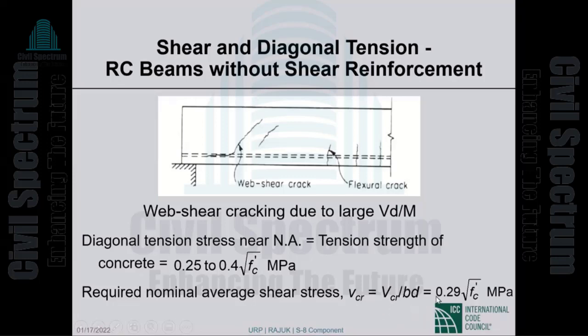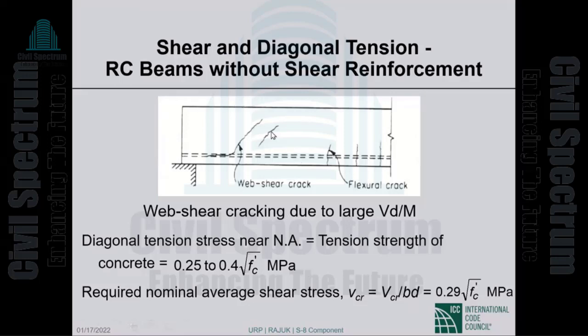So we take it equal to 29% of square root of f sub c prime. This is between 25 and 40. We are taking it as 29%. So the expression for web shear cracking stress is 0.29 square root of f sub c prime.